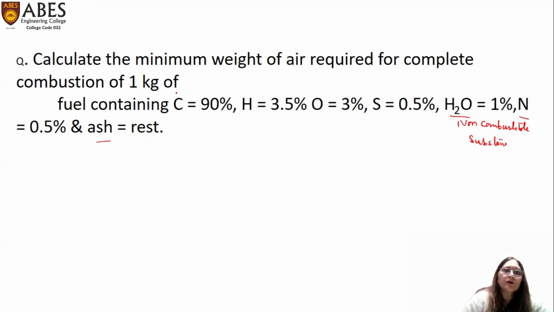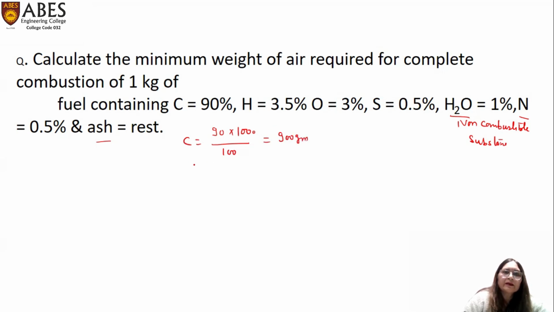1 kg of coal contains carbon 90%. We have to convert into grams. How to convert this? 90 into 1000 divided by 100, 900 gram carbon.